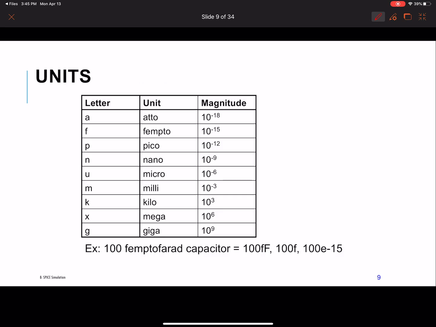So, and then here's some talk about the units. For capacitors, for our simulations, usually you're in your femtofarad range. You might end up in the picofarad range as well. And sometimes attofarad, pretty rare. But usually you see femtofarads or picofarads. If you're in the nanofarads or above, like microfarads, you're off.